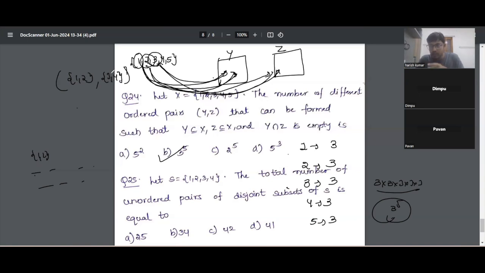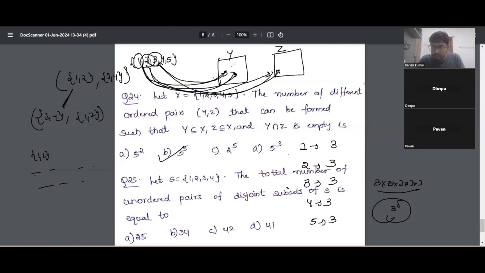Next time, 3, 4 will say that we will sit in set Y, and 1, 2 will say that they'll sit in set Z. So now this becomes a different ordered pair. Both of them are not equal, so we have counted both of them here.